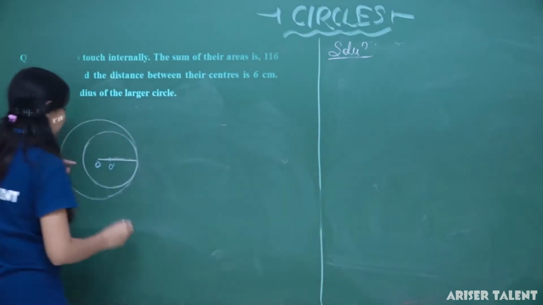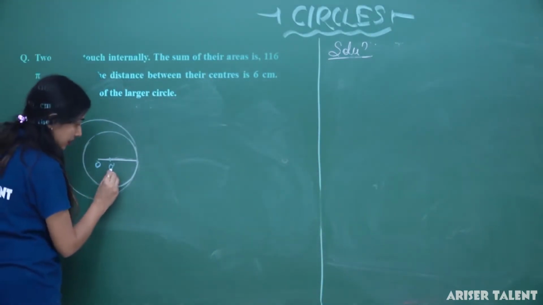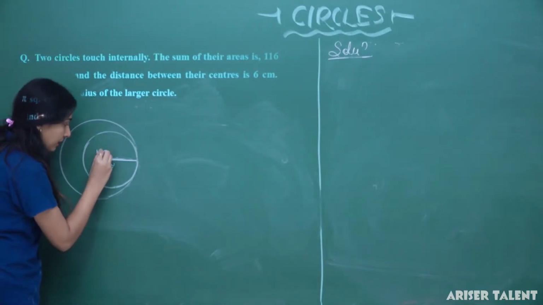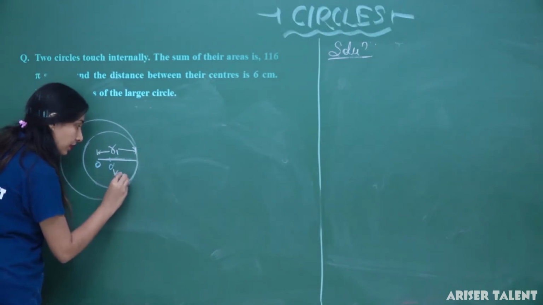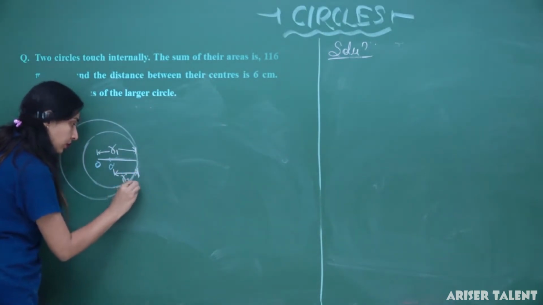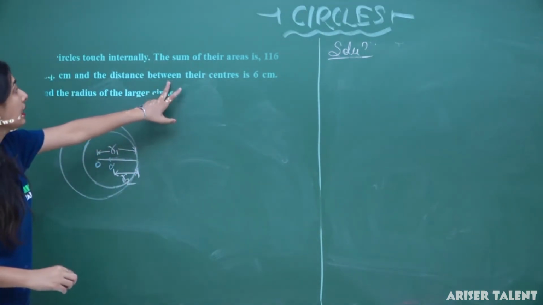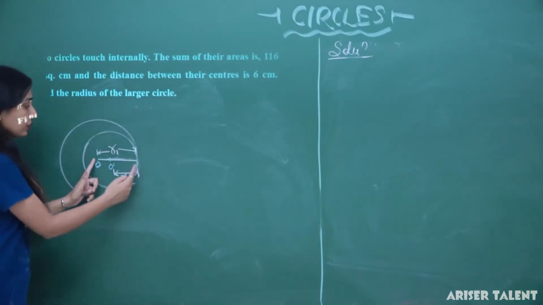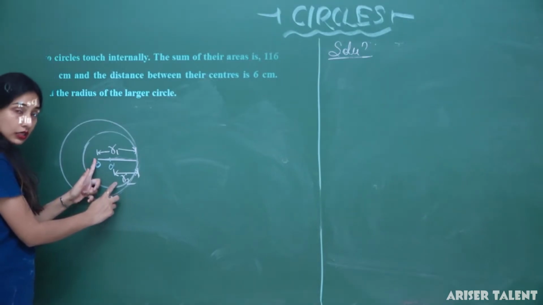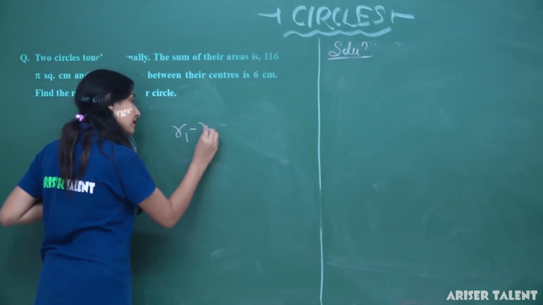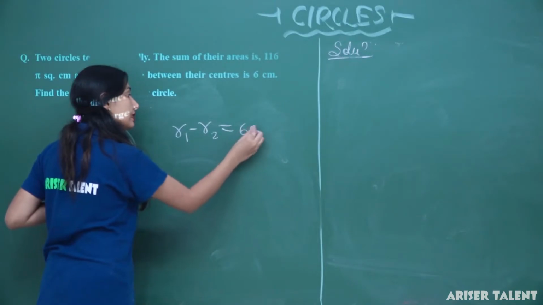Now if this bigger one is the first radius, this will be R1 and this will be R2. Now what is given? The distance between their centers. So the distance between their centers will be R1 minus R2 in this case. R1 minus R2 is given as 6 centimeters.